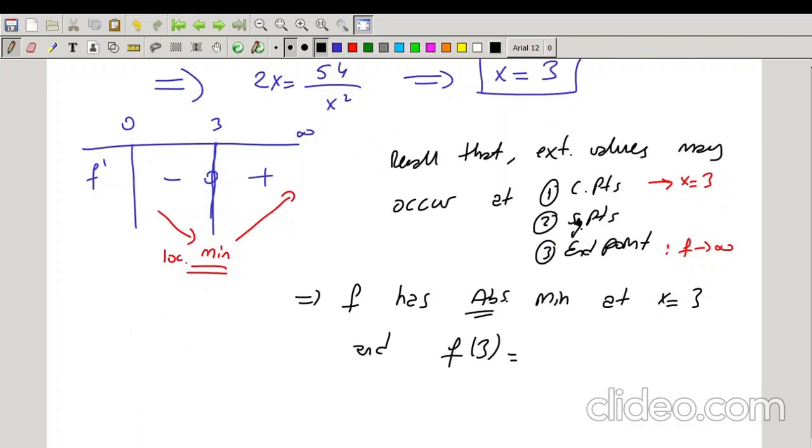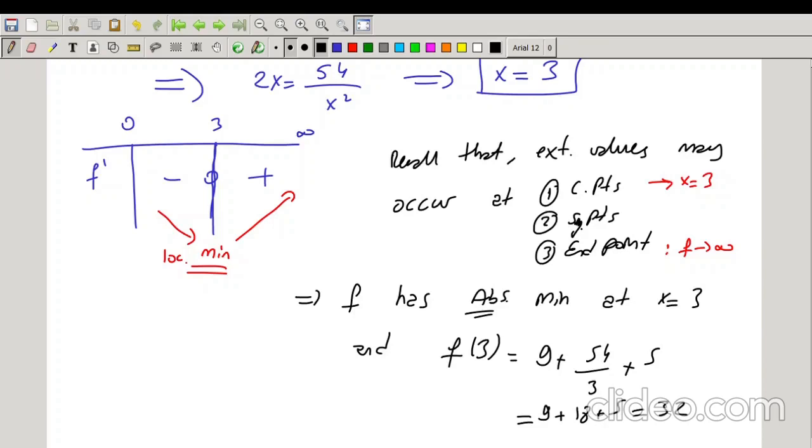Indeed, it is not asked, but let me write it. 9 plus 54 over 3 plus 5, which is 9 plus 18 plus 5, which gives us 32.